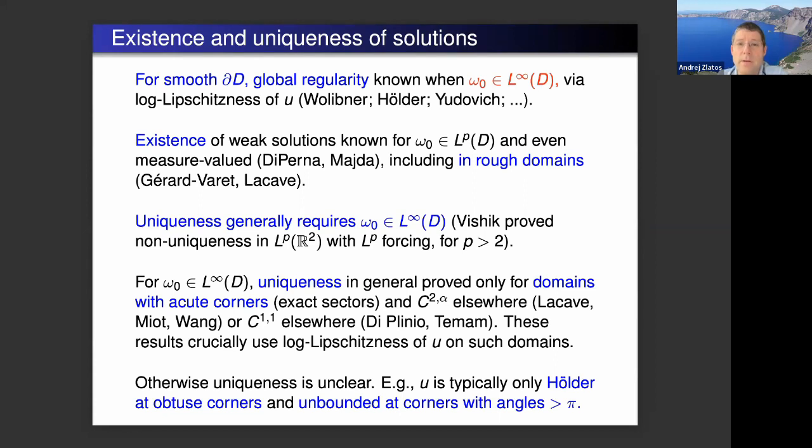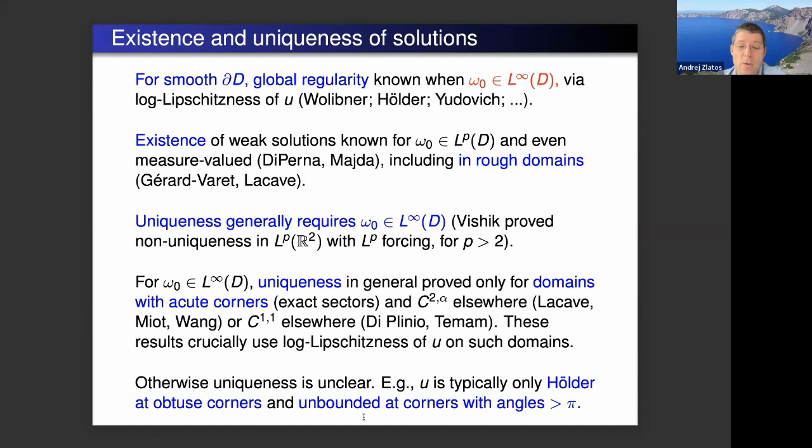But of course, this is a very limited result. The reason is that once we are outside of this family of domains, the log Lipschitz property of the velocity just does not hold. For instance, if we have obtuse corners, then the velocity is only Hölder in the neighborhood of such corners.